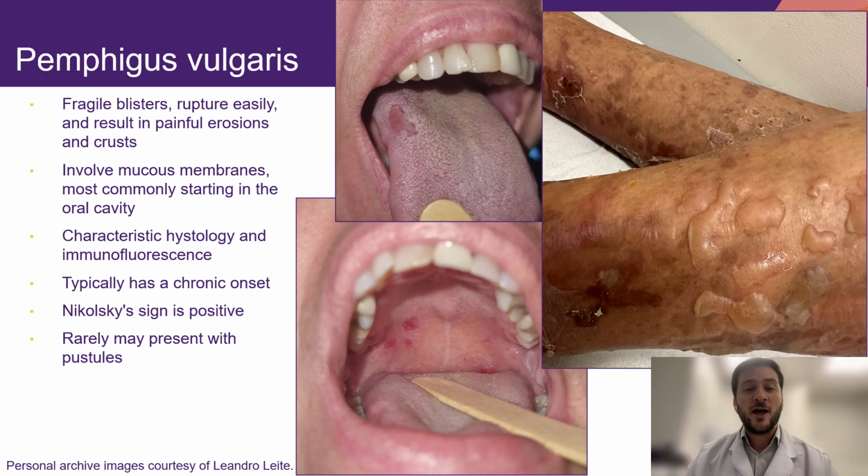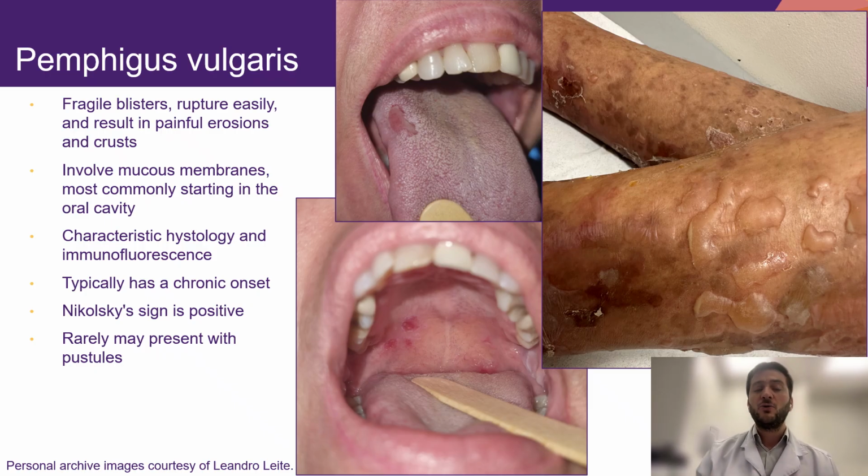So here you can see the blisters that are very fragile, and then you have oral lesions that are extremely common in pemphigus vulgaris.